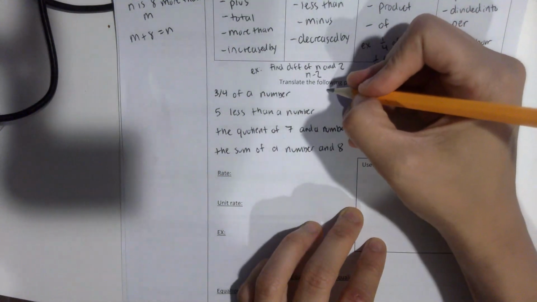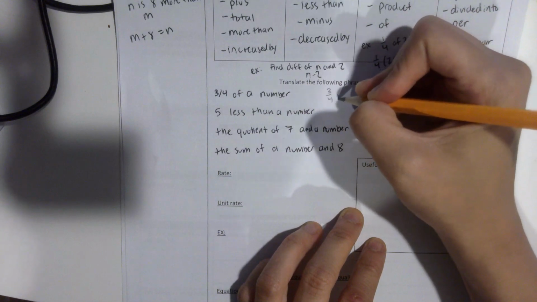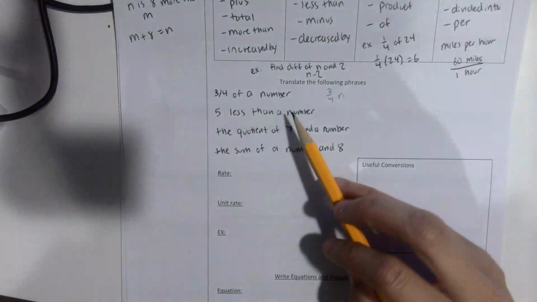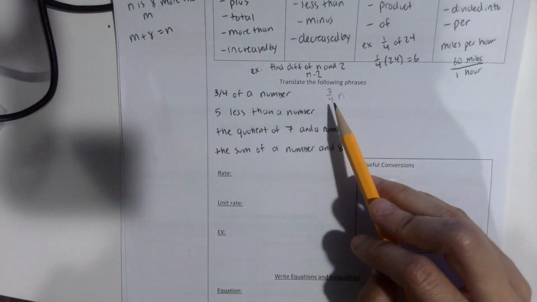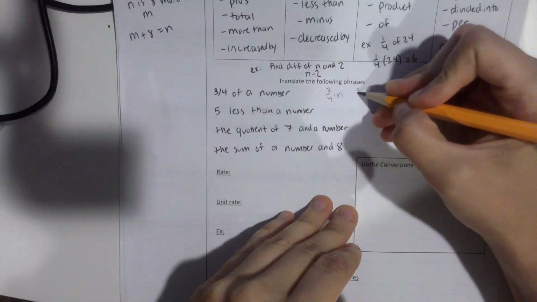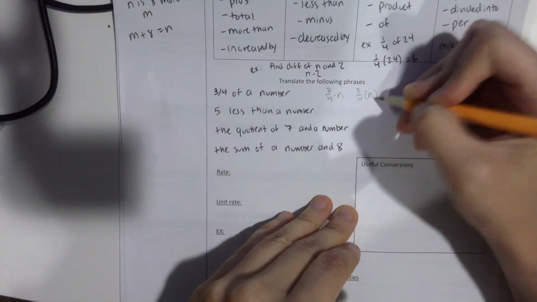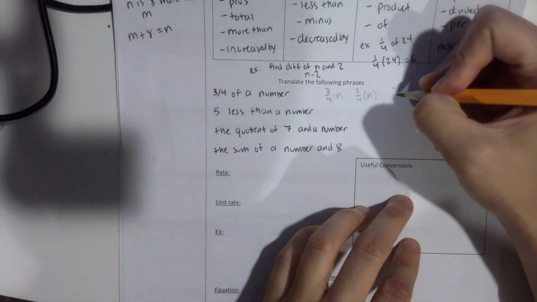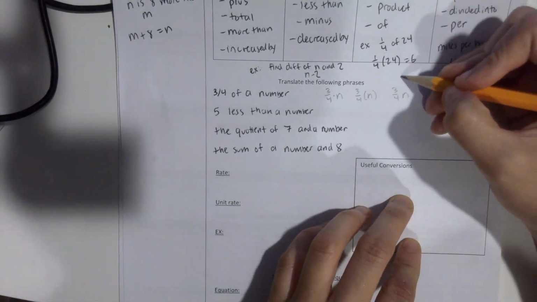So 3/4 of a number could be written like 3/4 of a number. Remember, this is multiplication, and when we have a number to multiply by each other, we could have a dot there, we could have parentheses, but what we want to start doing when we have a number and a variable is just put them next to each other. And then this is a coefficient.